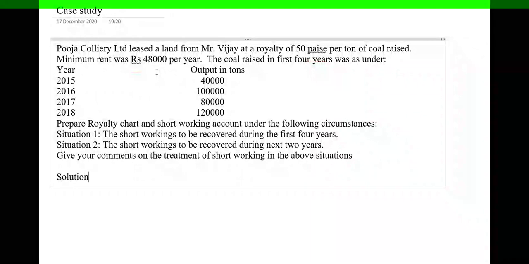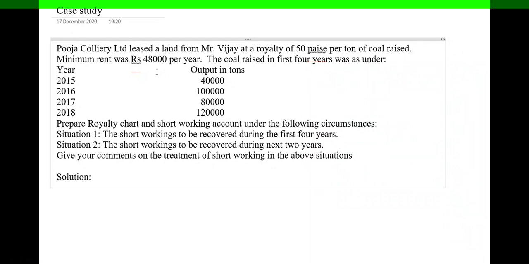So when we go through this problem here, this is the case study question. We have been asked just to prepare the royalty payable chart and the short workings account under the 2 circumstances here. In this problem, there is no strike anything here. So the royalty is 50 paise per ton here. So now let us go for the situation 1 here.